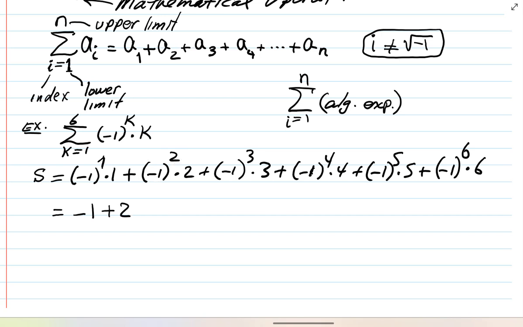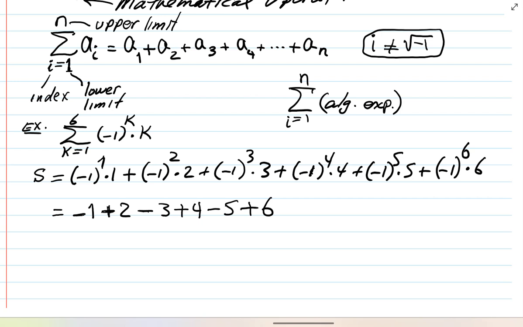Next one, (-1) cubed is going to be -3. The next one is going to be +4, -5, +6. So you see the pattern. This is what we call an alternating series, where we have the pattern starting with negative and then followed by positive, followed by negative, and so on.